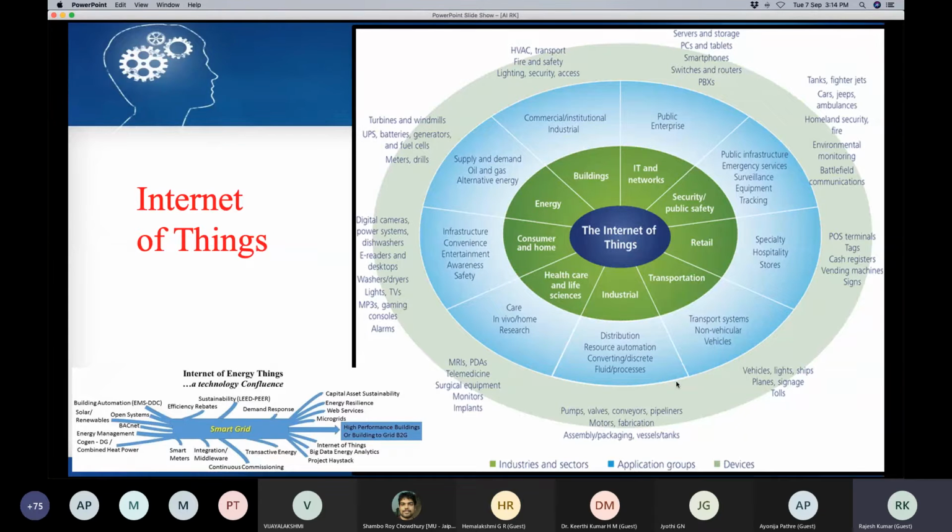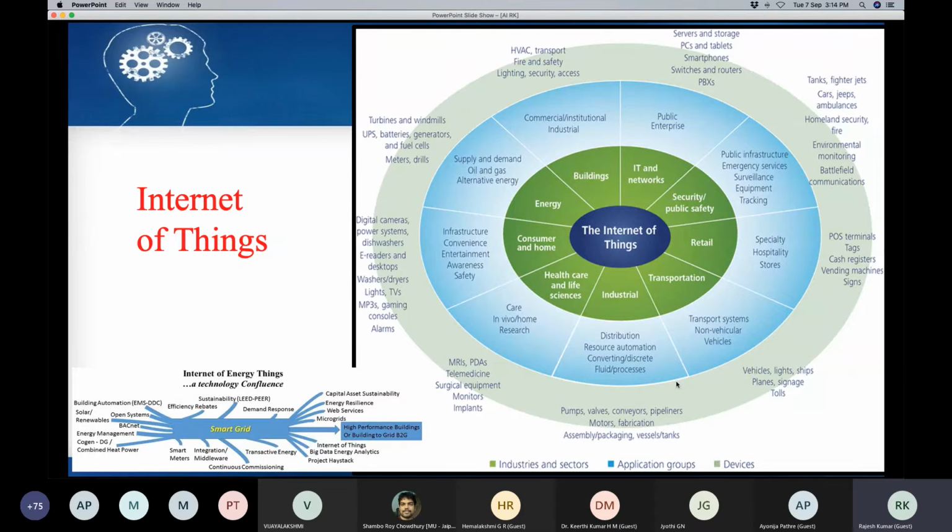This area is growing very fast. That is IoT. The reason is very simple. Now my sensors and devices have transmission and receiving facilities, so they can take the data and transmit the data in a very big way. Because of that, we have sharing of the data, and since they can communicate, they can develop a simple network of their own.